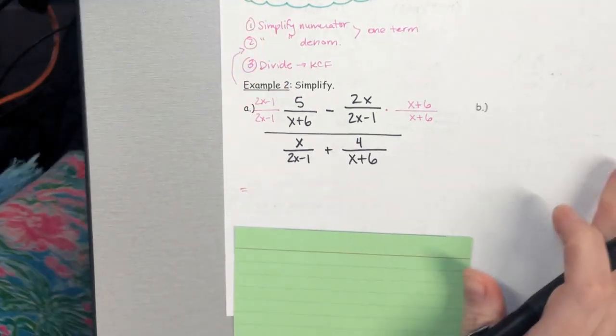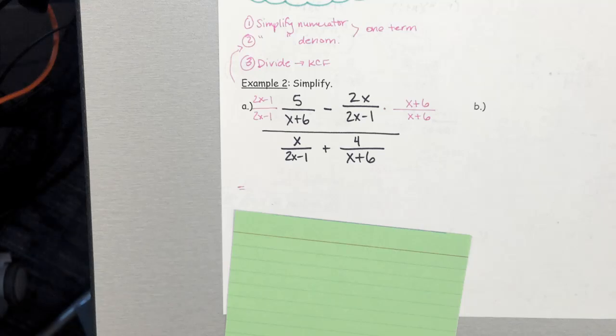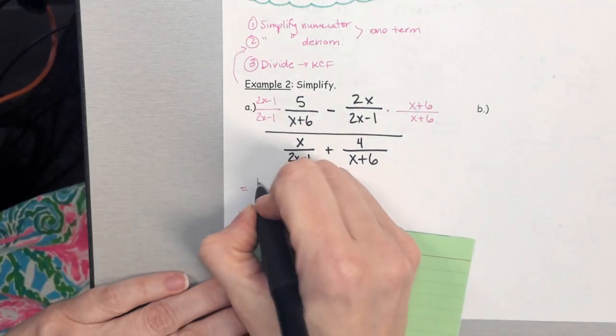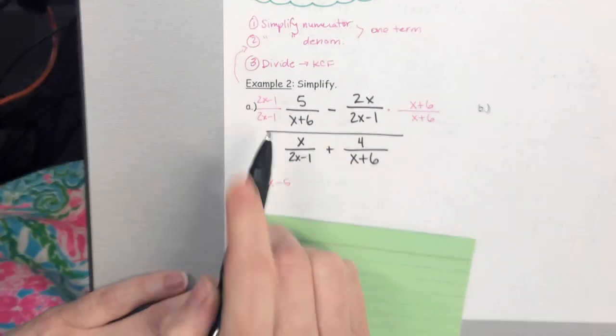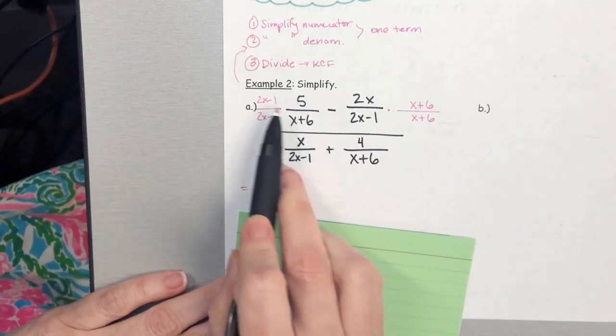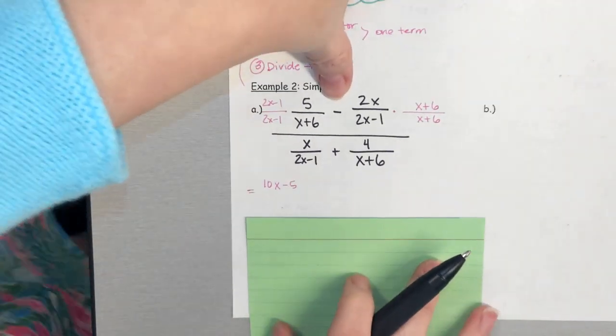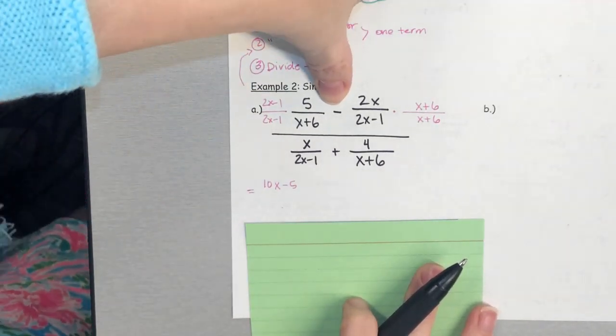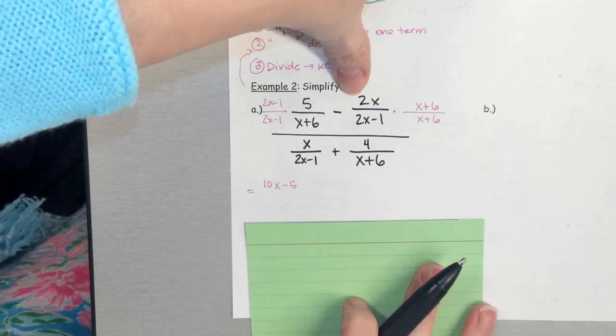And we're going to write what that is down here. Okay, so we're going to distribute the 5. We have the 10x minus 5. Once we distribute, 5 times 2x, 5 times negative 1. And then remember what I told you yesterday, when we have the minus, think of it as plus a negative.